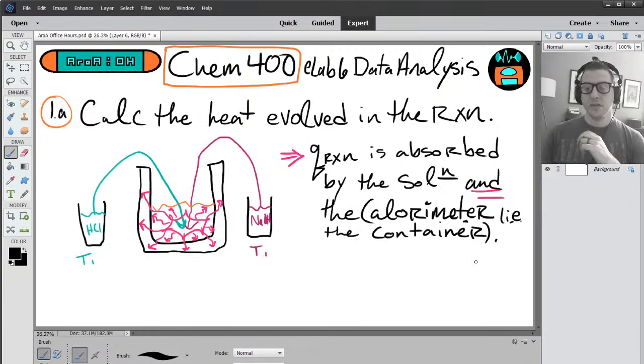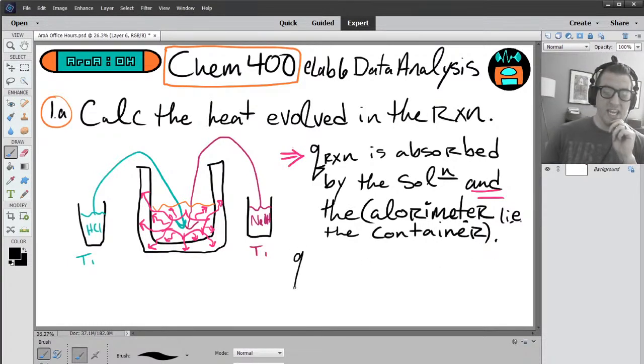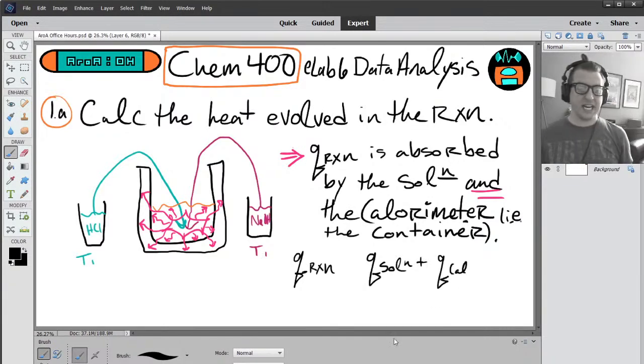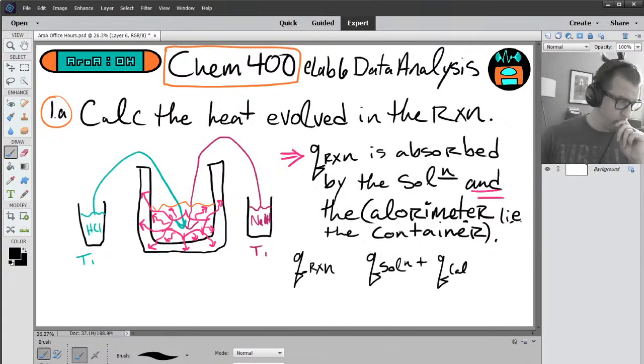So the heat absorbed by the calorimeter plus the heat absorbed by the solution is the same heat that is released, excuse me, by the reaction.